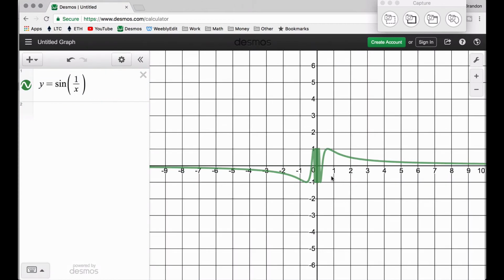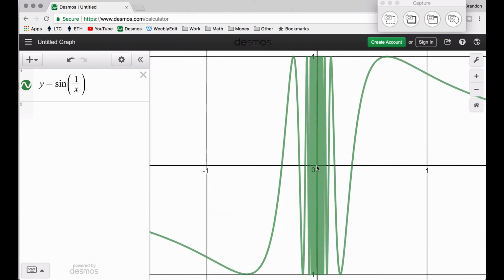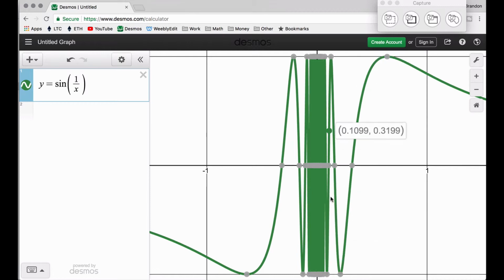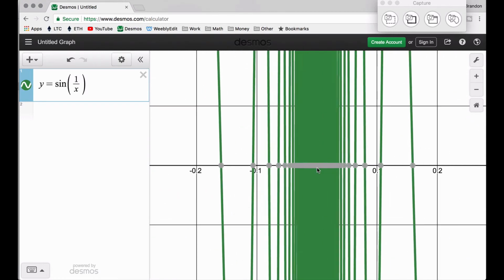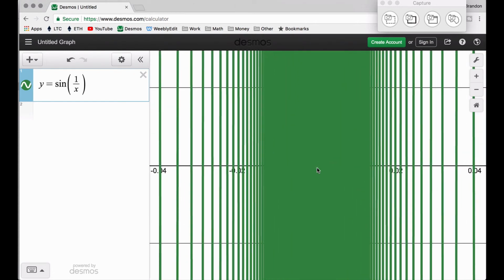So what I'm going to do here is zoom in, and I'm trying to get close to this x value of 0, but notice what happens. This curve starts to go crazy. It's oscillating, and no matter how far we go in, it starts to get trippy looking, but it's oscillating. We are not approaching a specific y value here.